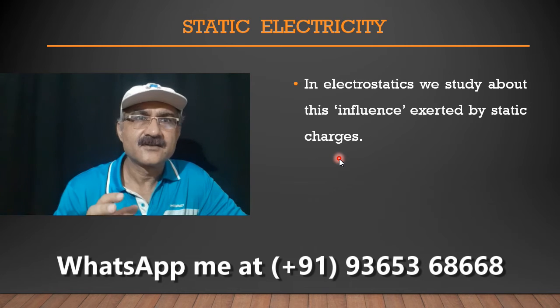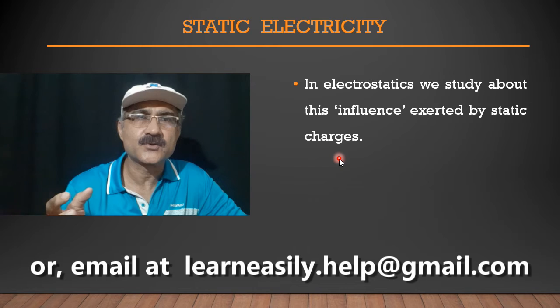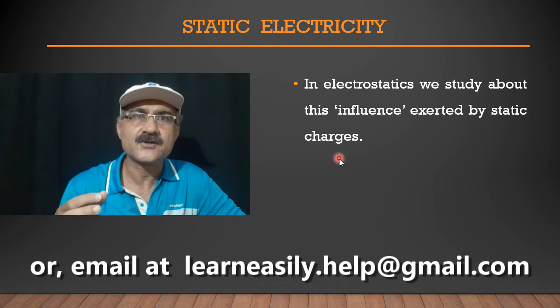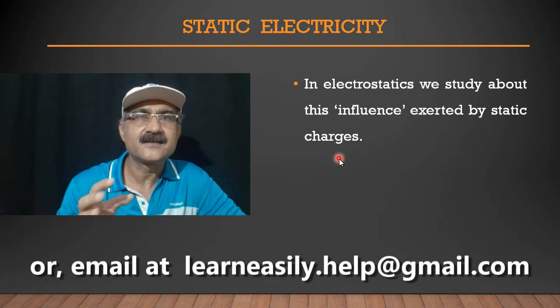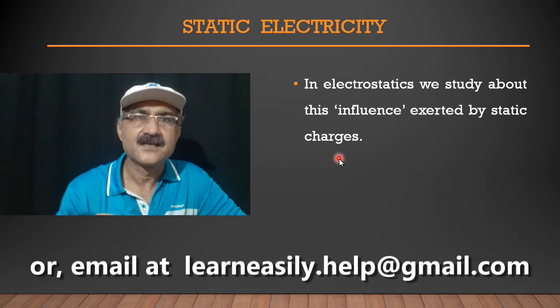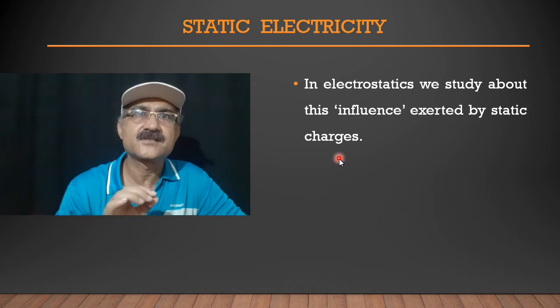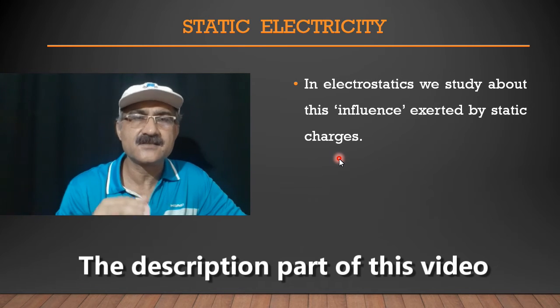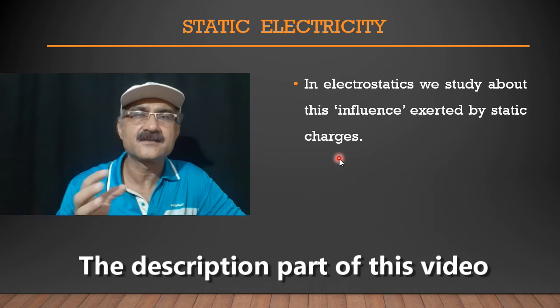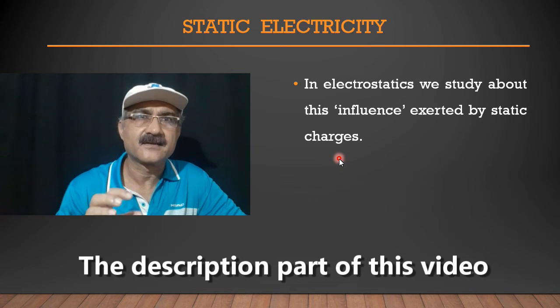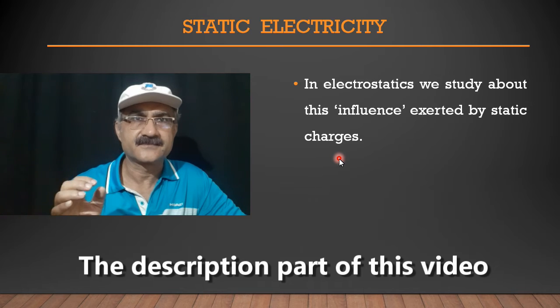Now please note that in this lesson, I am using the common English word influence because we haven't learned any technical term or jargon of electrostatics. Later, I'll stop using this term influence, and instead I'll be using technical terms of electrostatics like electric field intensity, electric potential, terms like that.